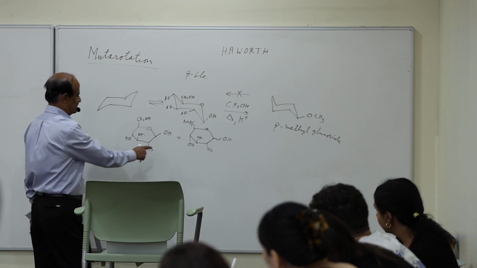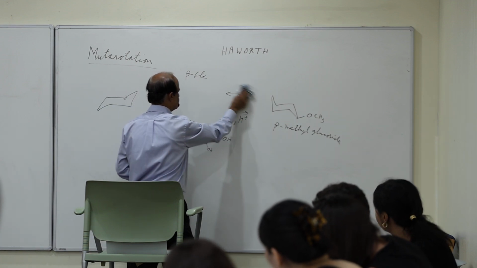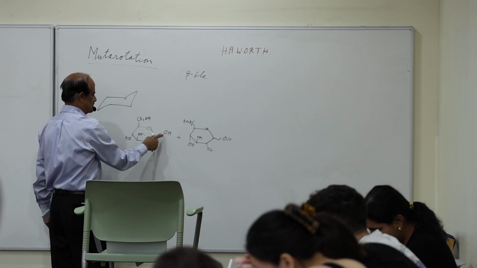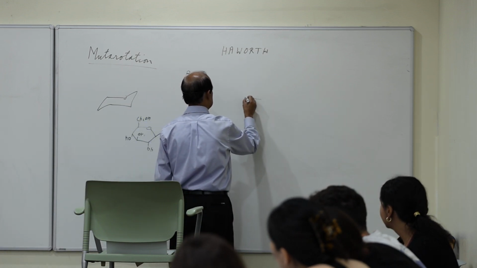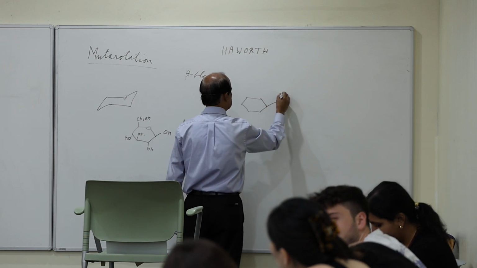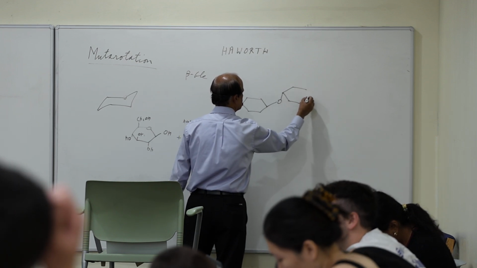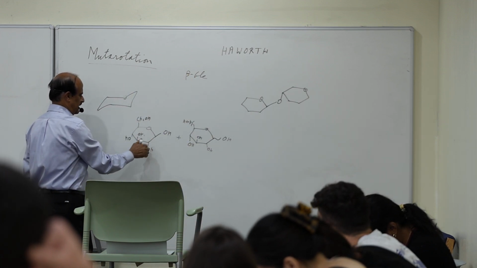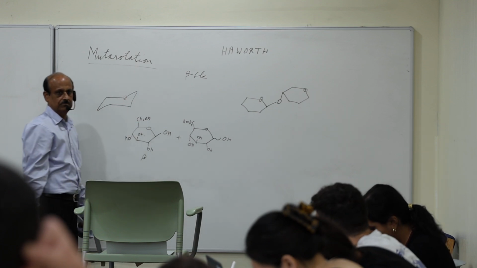So if it reacts with the number 4 carbon, here's the top part. If it reacts at 4, then the structure will be like this. This will be joined to this carbon. Right, so this beta glucose is linked to C4 of another glucose.